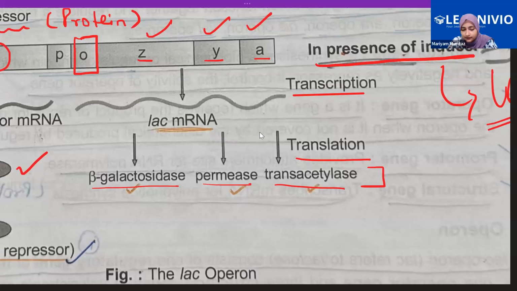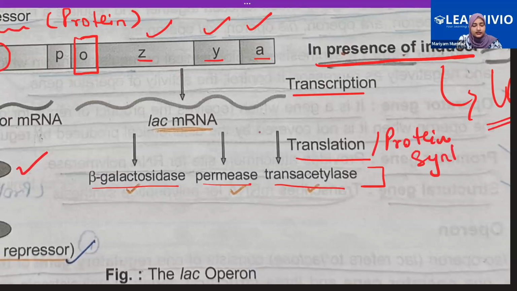What is another name of translation, like the normal name of translation? Translation means protein synthesis. Yes, protein synthesis. So whenever the proteins are formed, that is called translation.